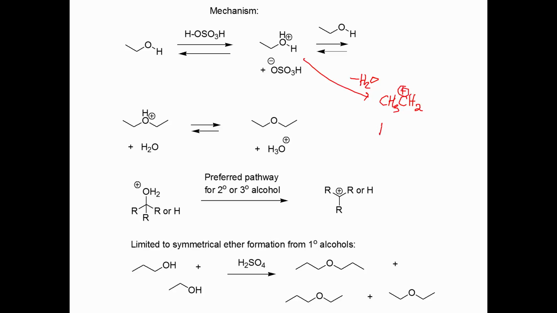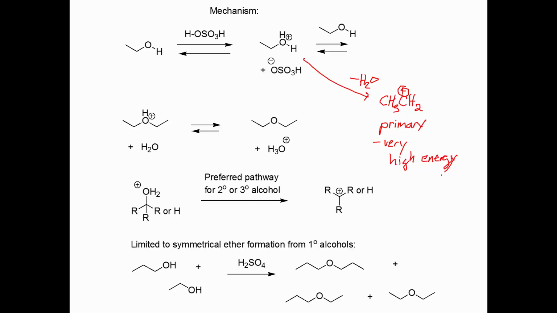And this is a primary carbocation, right? And these are not very stable. So this is very high energy. We're not likely to form this one.